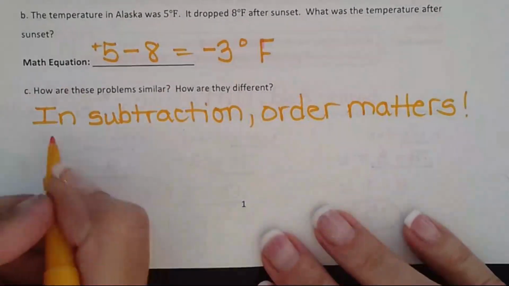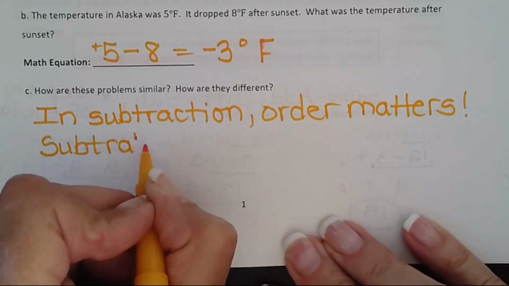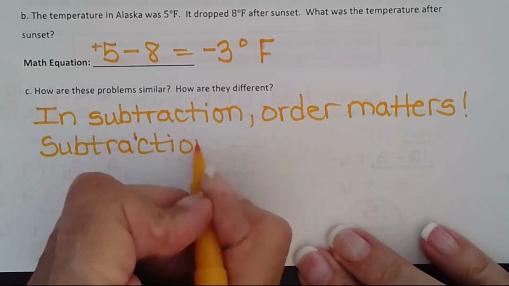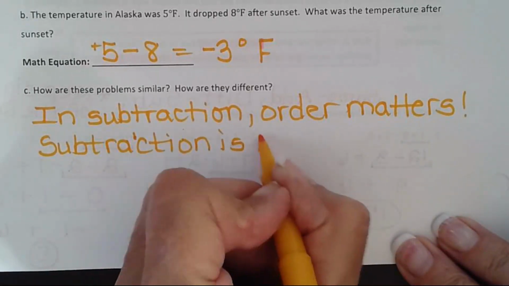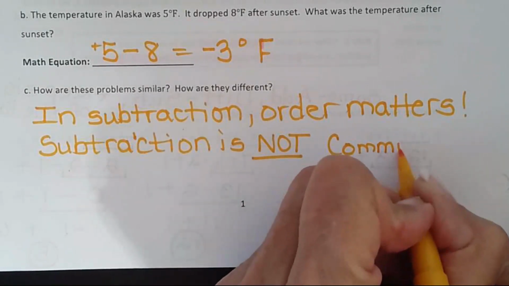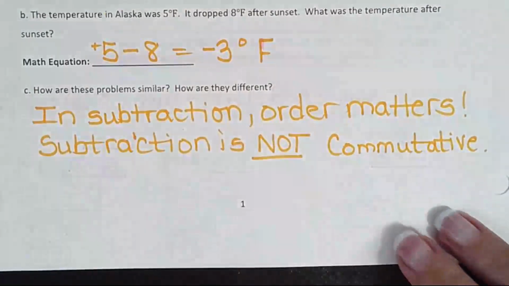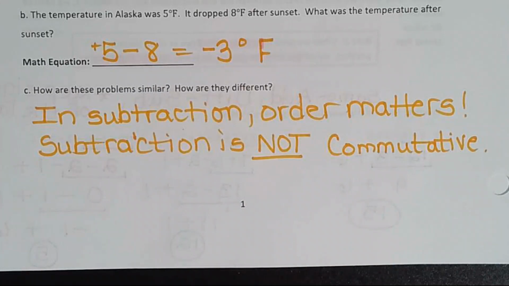And that means subtraction is not commutative. And you can probably think of the other operation that is, where order doesn't matter. 4 times 3, 12. 3 times 4, 12. So addition and multiplication are the two that order doesn't matter. Subtraction and division, order matters. You will not get the same answer if you switch the order in subtraction or division.